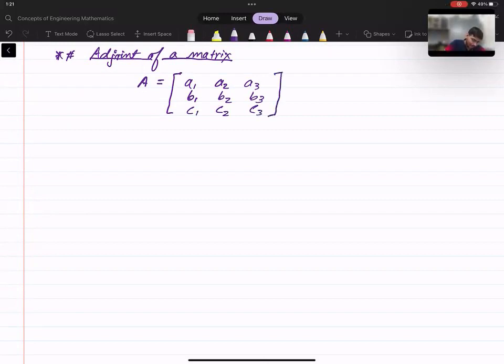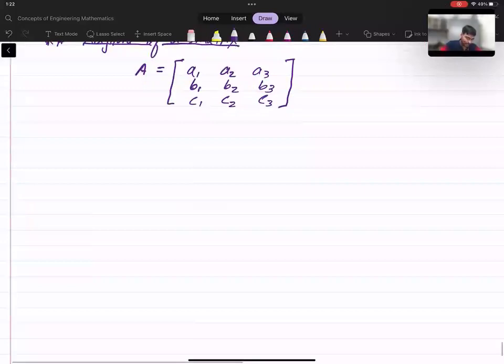So here, if we find the cofactors for each element and then using those cofactors we form a matrix again. Okay. So suppose we have a matrix of cofactors.